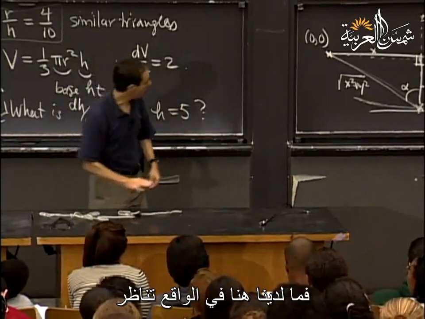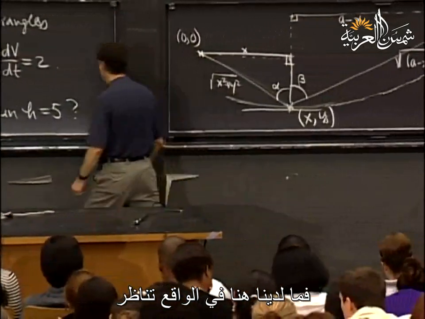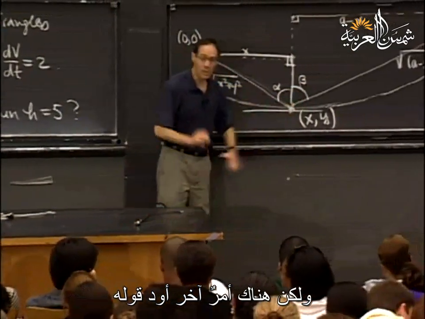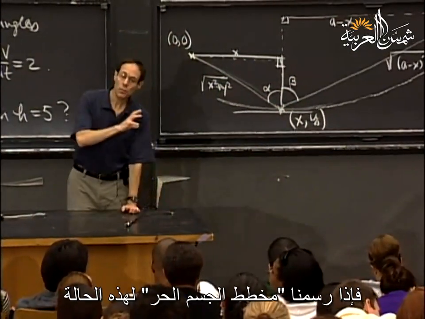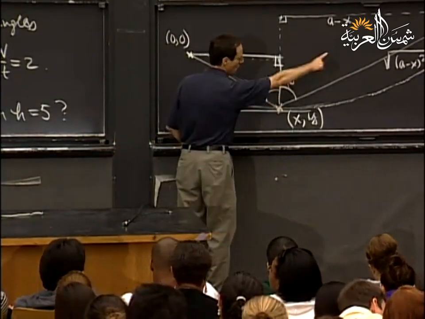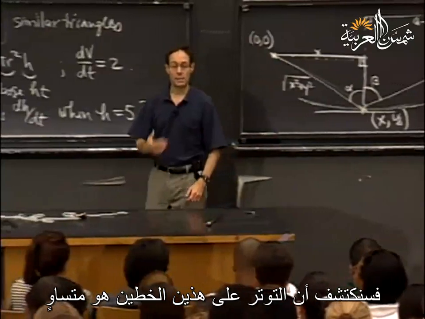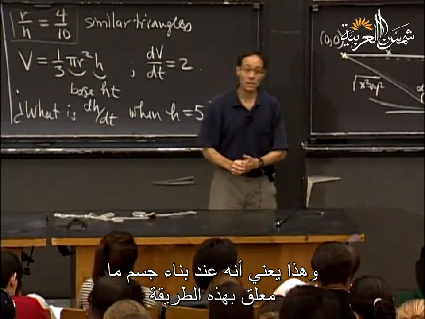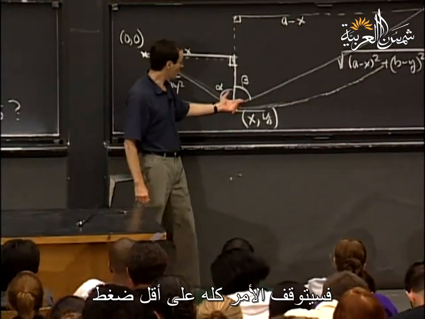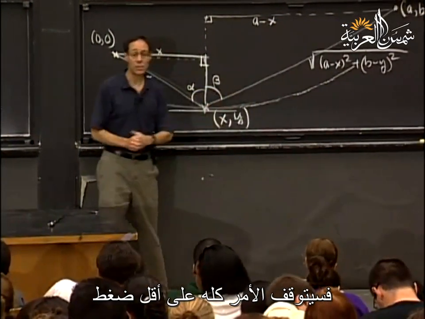Now, that's a symmetry, if you like, of the situation. These two angles are equal, but there's something more to be said. If you do a force diagram for this, what you'll discover is that the tension on the two lines is the same, which means that when you build something which is hanging like this, it will involve the least stress.